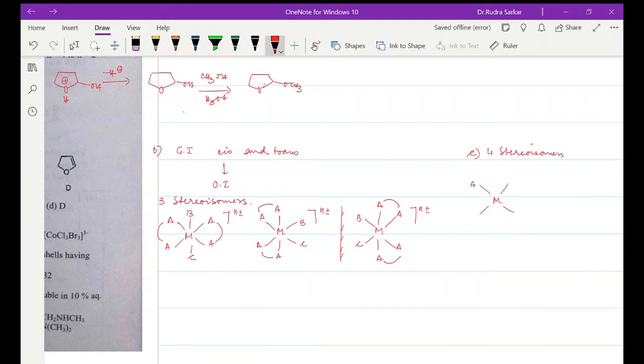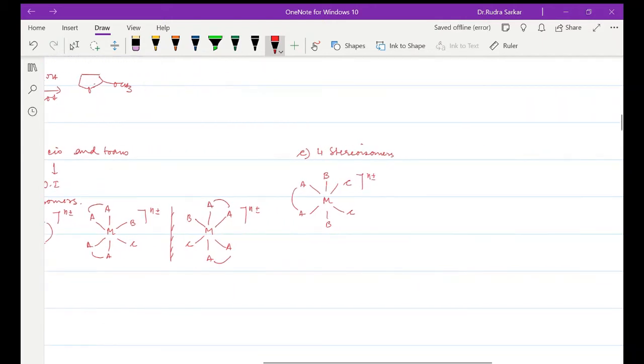So we are having, say, AA, CC, and the B are now trans to each other. This is one of it. The other trans isomer obviously is AA, C, C, and BB, this type.